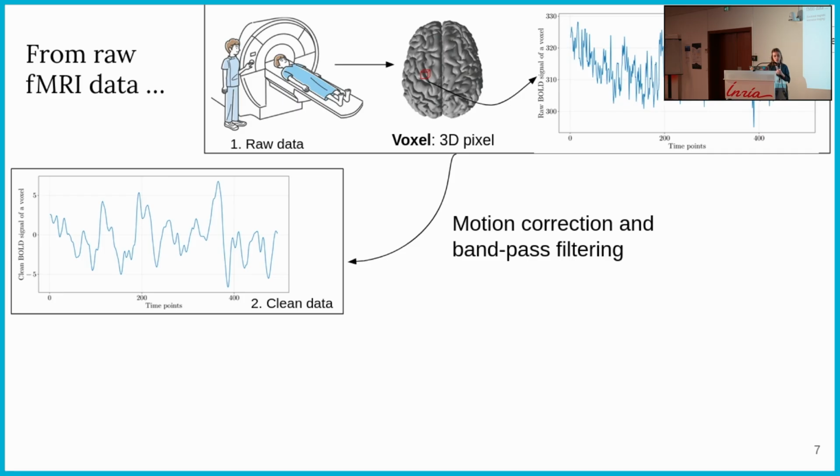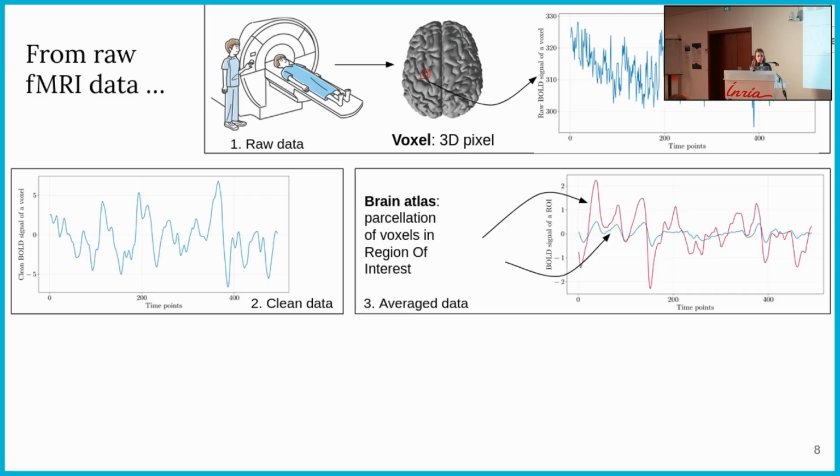such as the cardiac one. And so we apply techniques to clean our data, and the first one is a linear regression and bandpass filtering to have a clean time series for each voxel of the brain. And after that, we use a brain atlas, which is a division of the voxels of the brain into regions of interest according to different criteria, such as different functionality or different structure.